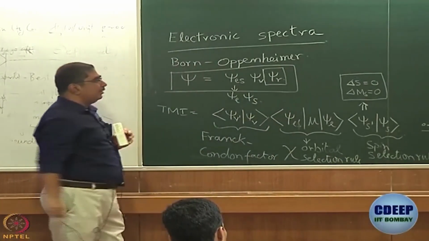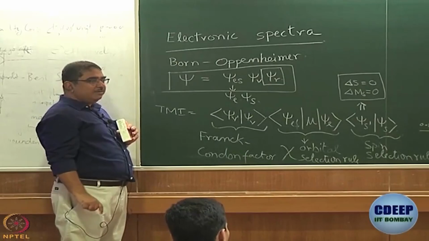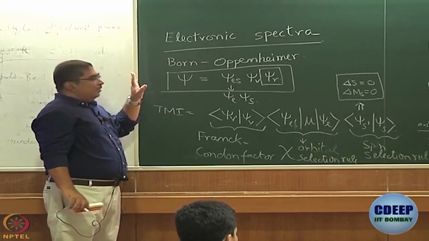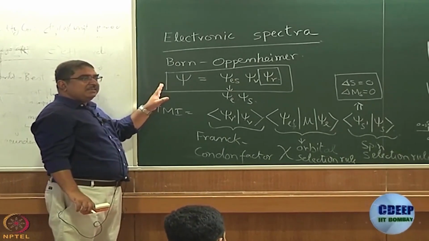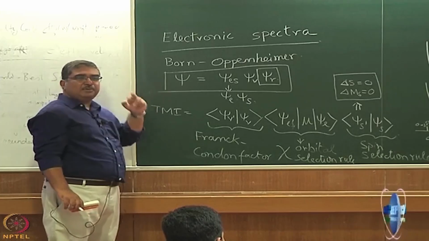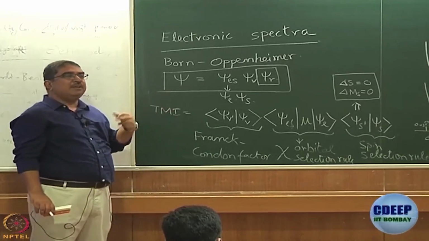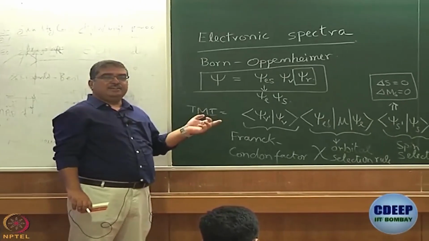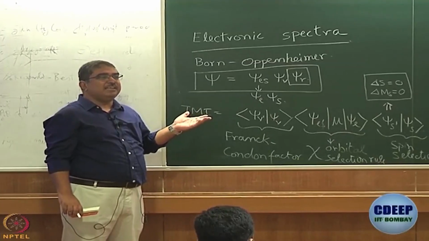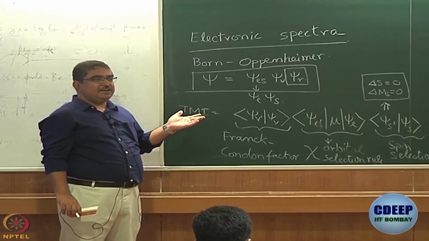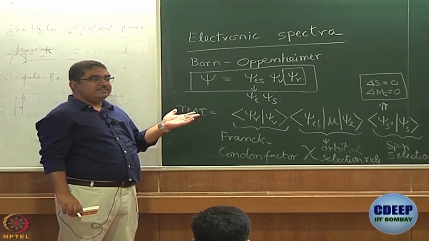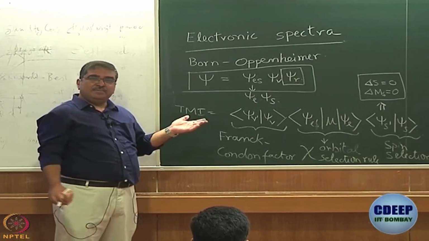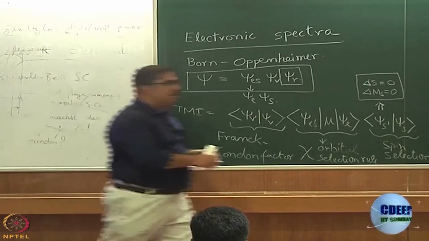Of course, we will neglect rotational levels for now. In the Born-Oppenheimer approximation, we write the wave function as a product of the electronic and vibrational wave functions. How do we write the energy? A sum, right? Separation of variables, sum.